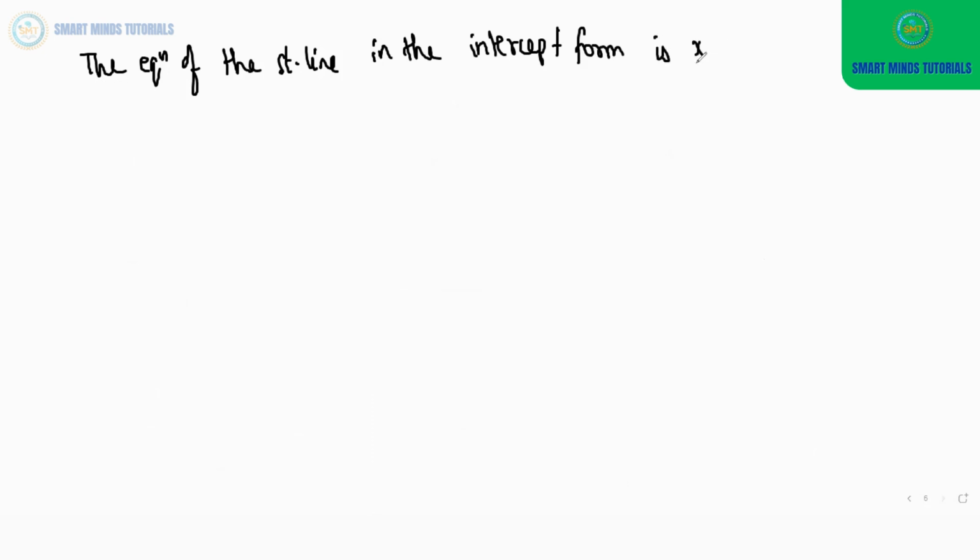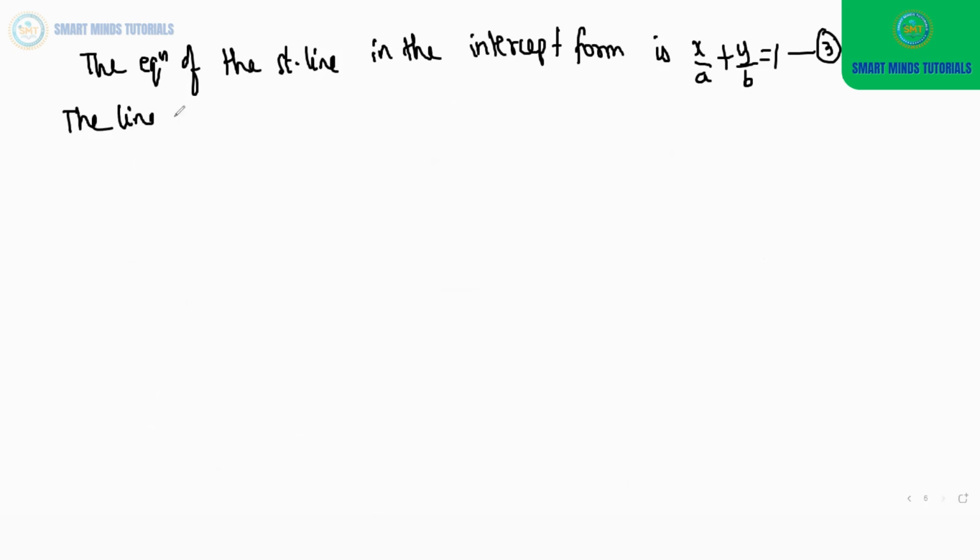So the equation of the straight line in the intercept form. Whenever you find intercepts in the question, always take the intercept form. And the intercept form of a straight line is x by a plus y by b equals 1. Let's say this is equation number 3.